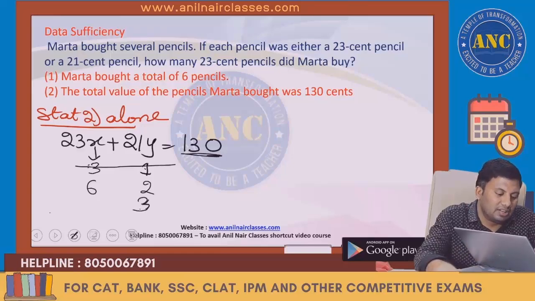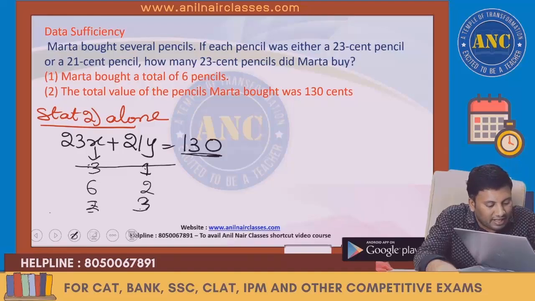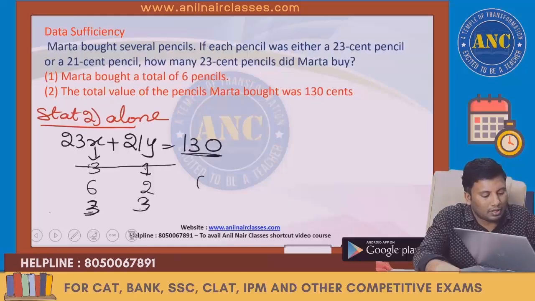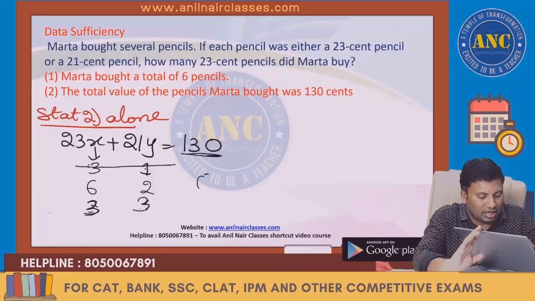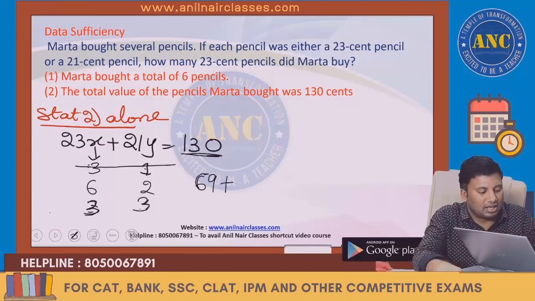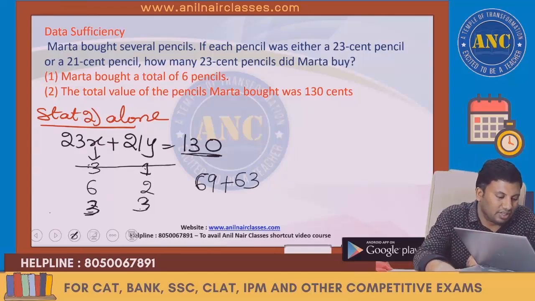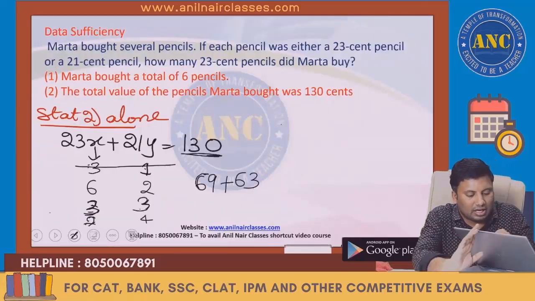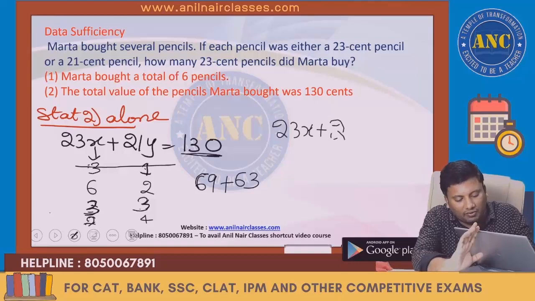If y is 3, I should get 7. Suppose I take 3: 23 threes are 69 plus 21 threes are 63, which is 132, not 130.